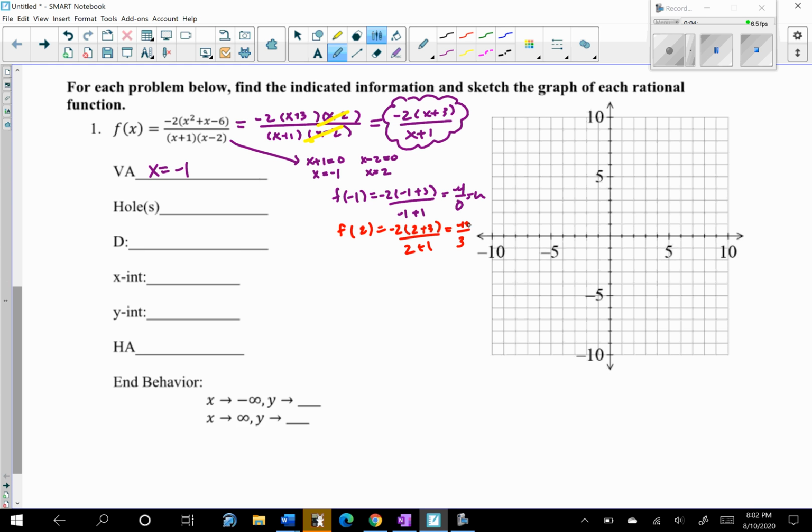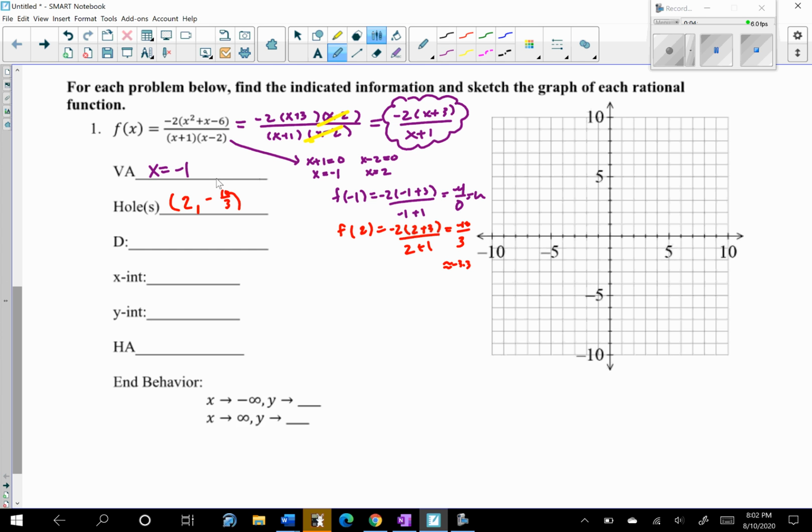That tells me, because I get a value and it didn't make my denominator 0, I know this is going to be a hole. So we have a hole at (2, -10/3), which is about -3.3. We always want to write the exact value when we're writing the hole.